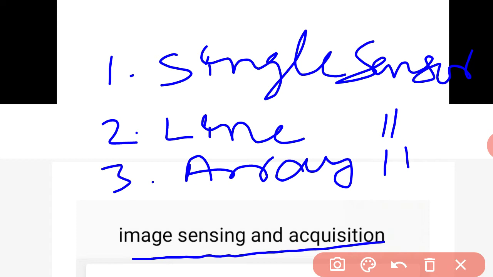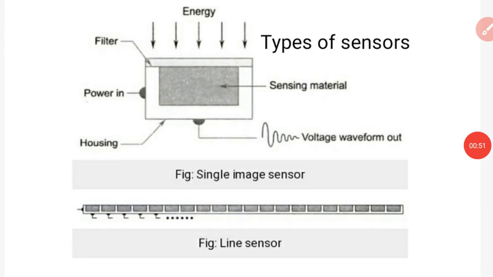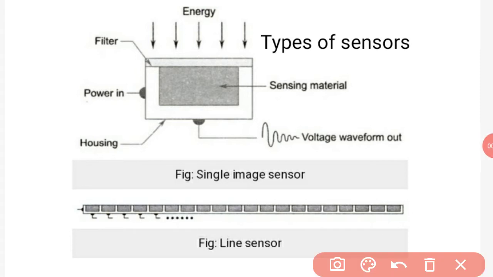So we will move into each and every sensor, how it works in this image sensor. This is your first sensor, the single sensor. This is your second sensor, the line sensor. In the first one, what is the basic principle?